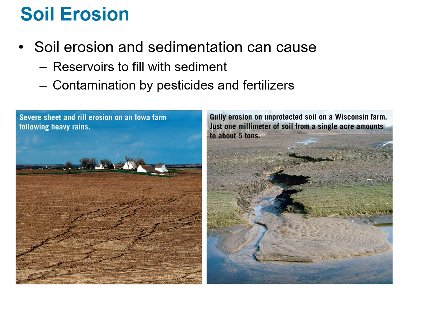So if you have agricultural areas surrounding it, a lot of that soil can seep into those reservoirs, which can be bad because a lot of times farmers will use pesticides and fertilizers, and that can run through those areas as well. Here you can see in Iowa, there's some rills forming after heavy rain when their farmland's bare. Okay, and then here's a gully cutting through some farmland, and you can see soil washing away here.